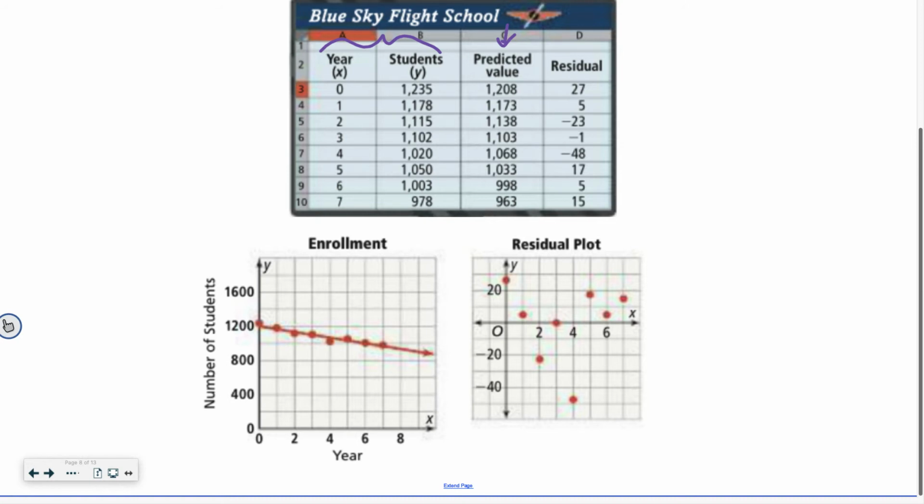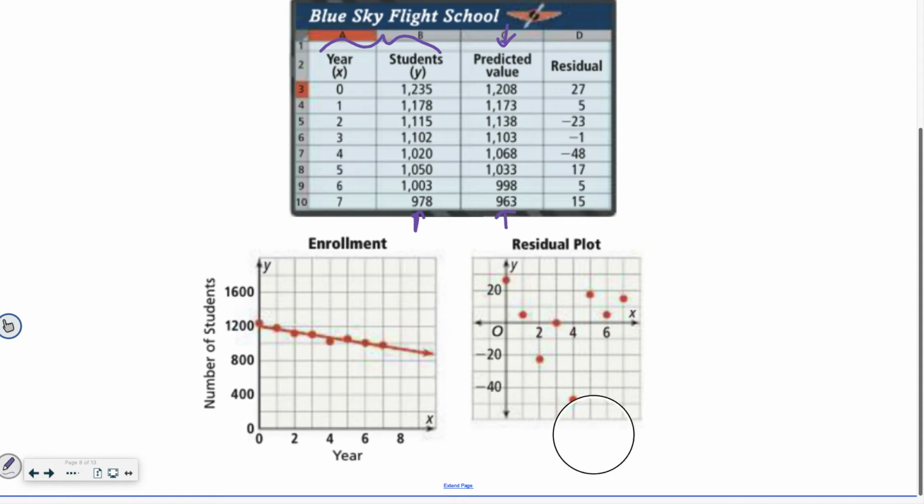So the points go anywhere from just above 20 all the way down to almost negative 50. But when your values are in the thousands, that's not too far off. So even though they're not right next to 0, overall they're pretty close, considering we're talking about numbers that are in the thousands.